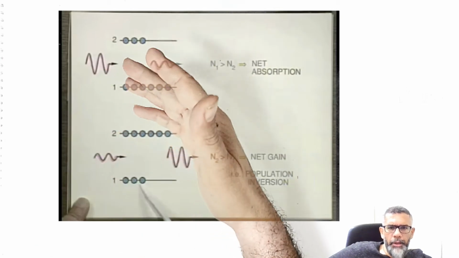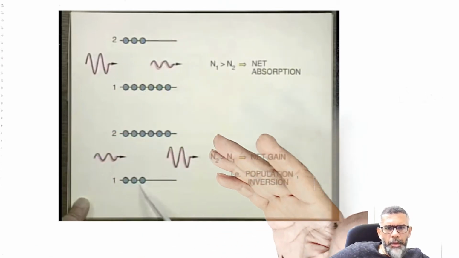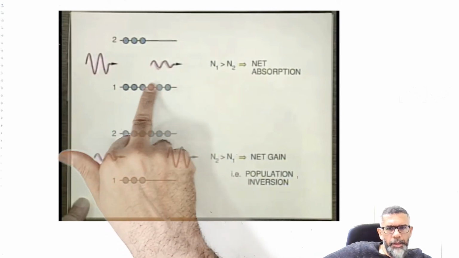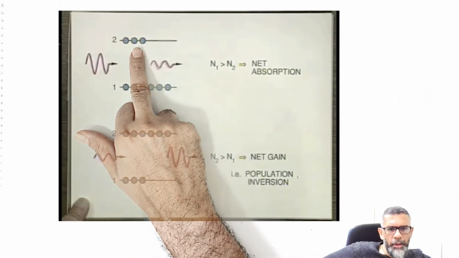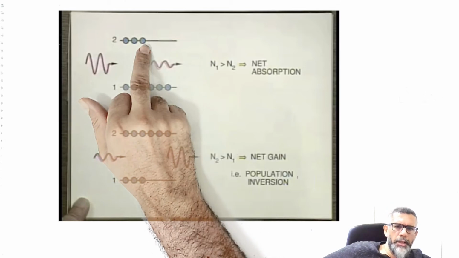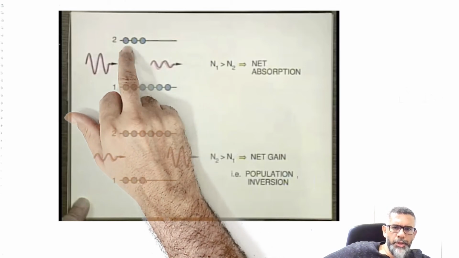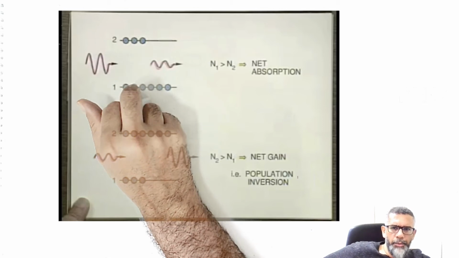These ground state atoms will absorb the incoming light, since their numbers are higher than the number of excited atoms, whereas the excited atoms, whenever they see this incoming energy, drop down.